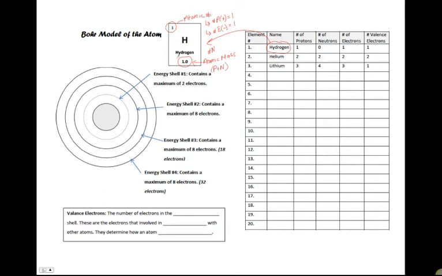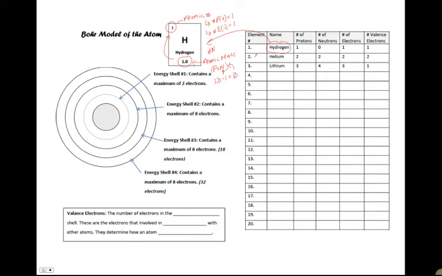Well, we know how many protons there are by looking at the atomic number, so all we have to do is subtract the number of protons from the number of protons plus neutrons, and we're going to be left with the number of neutrons. So if our atomic weight is 1, which is the protons plus the neutrons, minus the atomic number, which is 1, then we're going to get the number of neutrons in this case, which is 0.